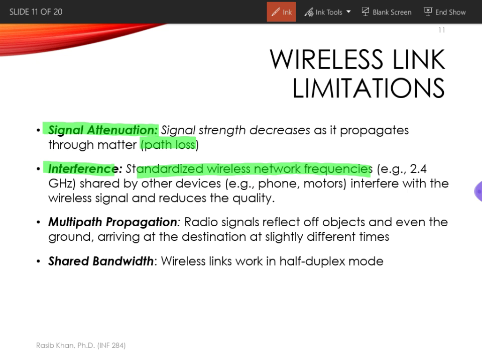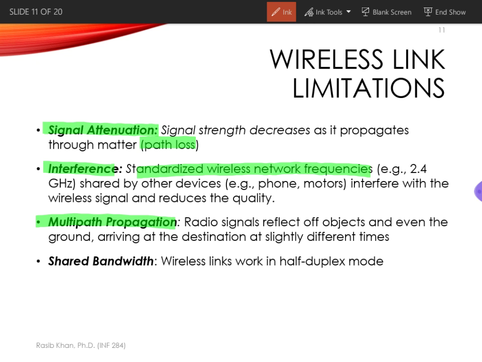So in most cases, a lot of devices are operating within the same range at the same time. Therefore, whenever a packet is being transferred on the wireless link, the other wireless links operating within that range create interference and degrade its performance.